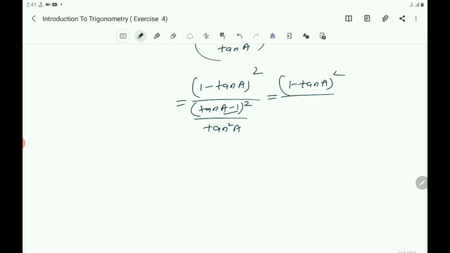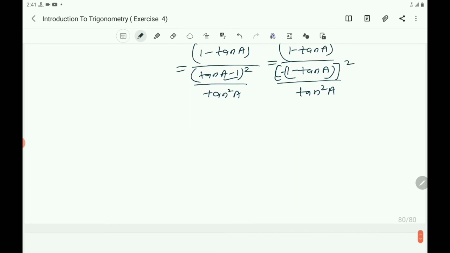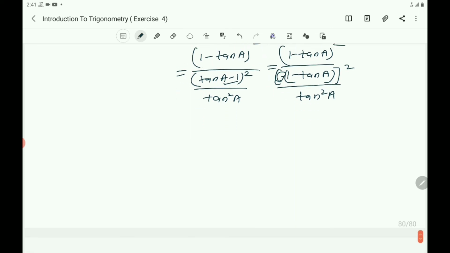So you can write it as 1 minus tan A whole square by tan square A. If minus is removed outside, otherwise you can exchange it directly, both become same here.